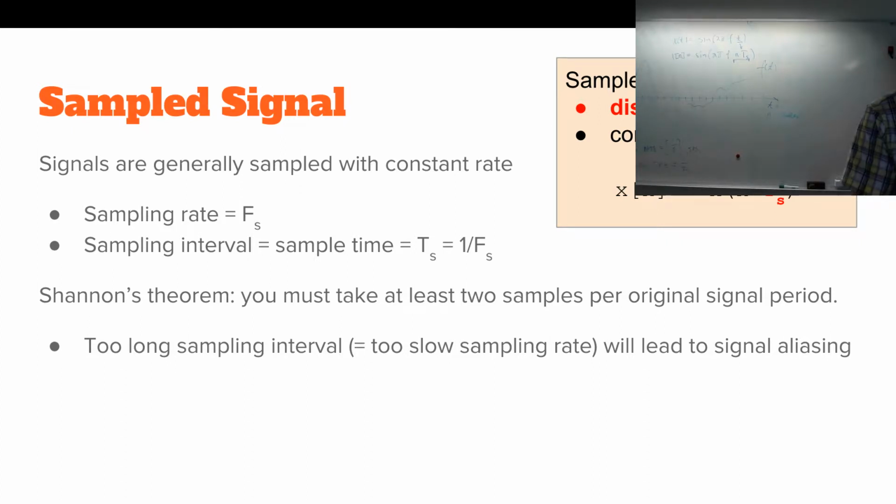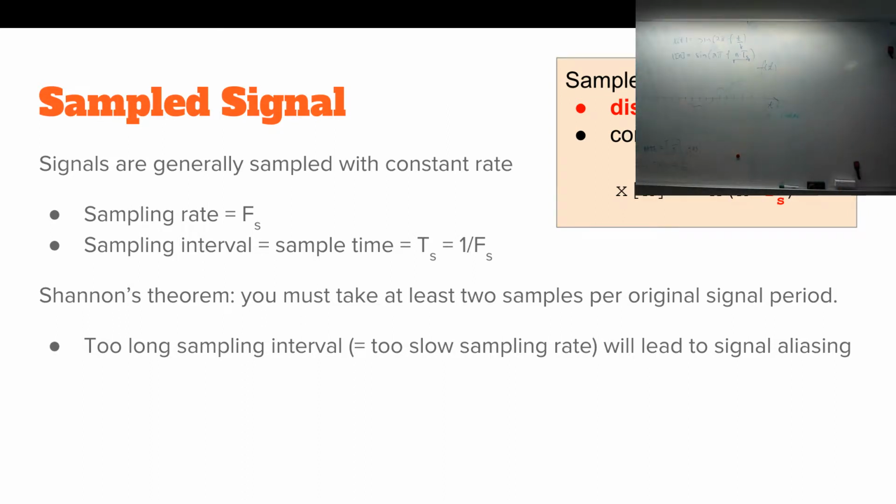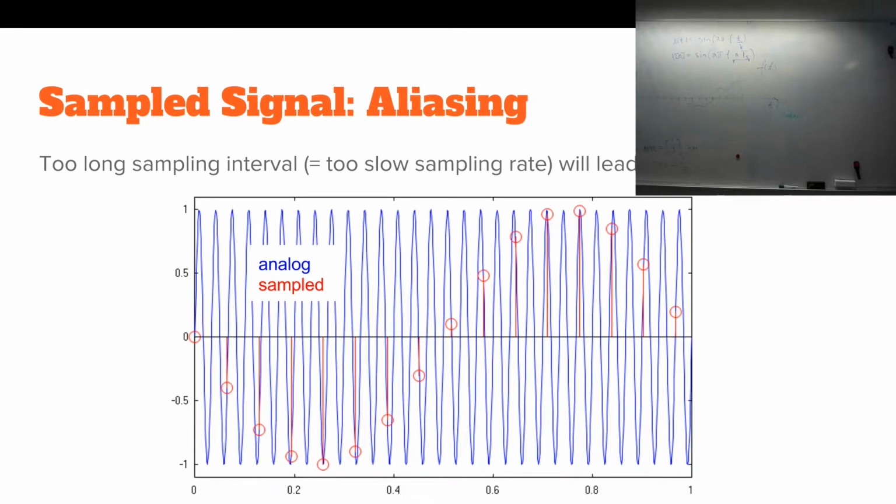Shannon's theorem means that you need to take at least 2 samples for a single period in order to sample the signal correctly, and that's an example of what happens.